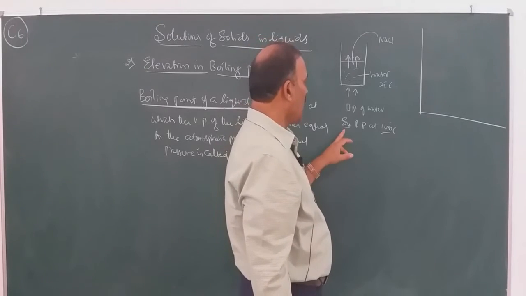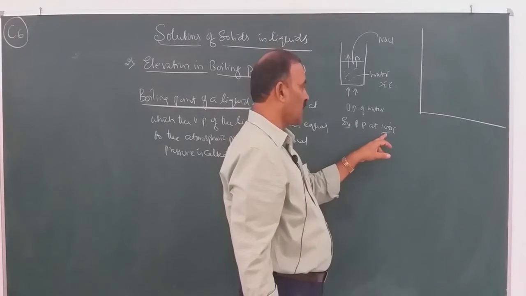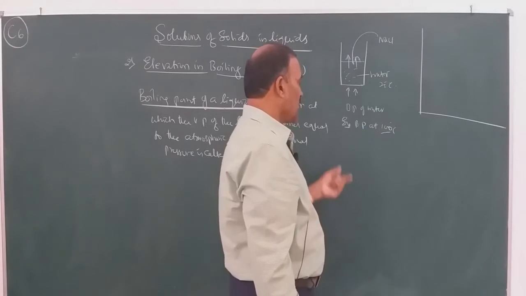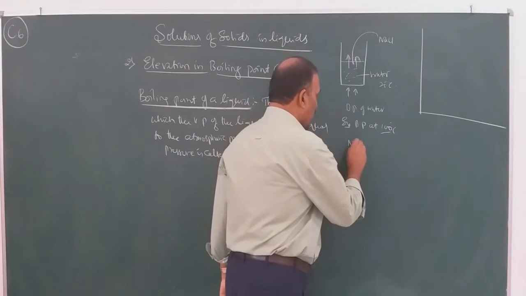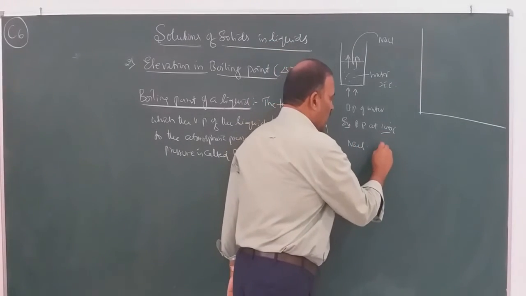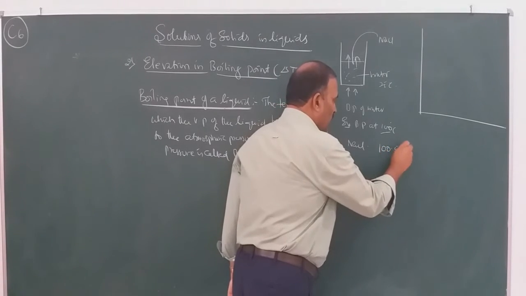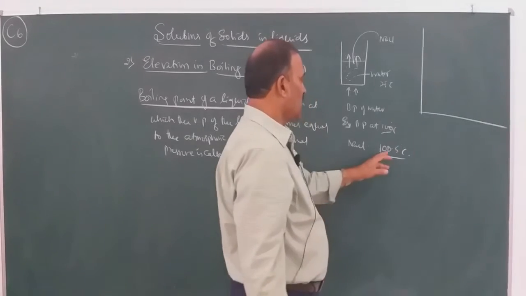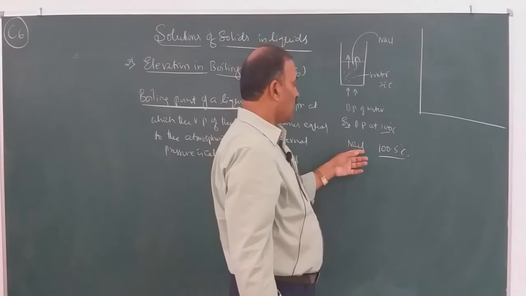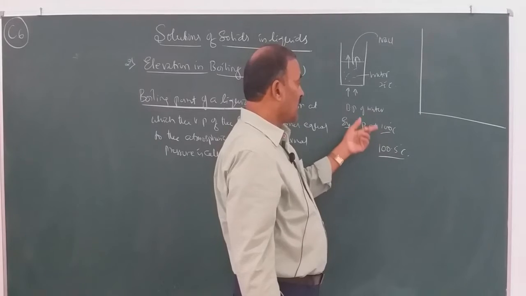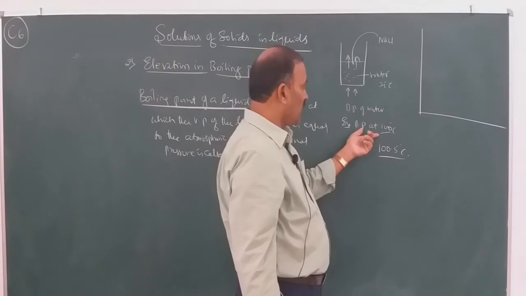For example, what is the boiling point of pure water? 100 degree centigrade. If 1 gram of sodium chloride is added, the boiling point of water will be around 100.5 degree centigrade. So, boiling point of solution is greater than the boiling point of pure solvent.